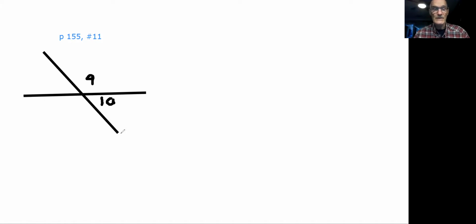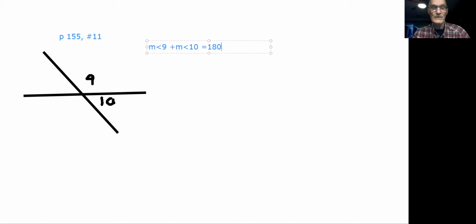And if they're supplementary, then they add to 180 degrees. So in this particular situation, the measure of angle 9 plus the measure of angle 10 equals 180 degrees, because that's what supplementary means.